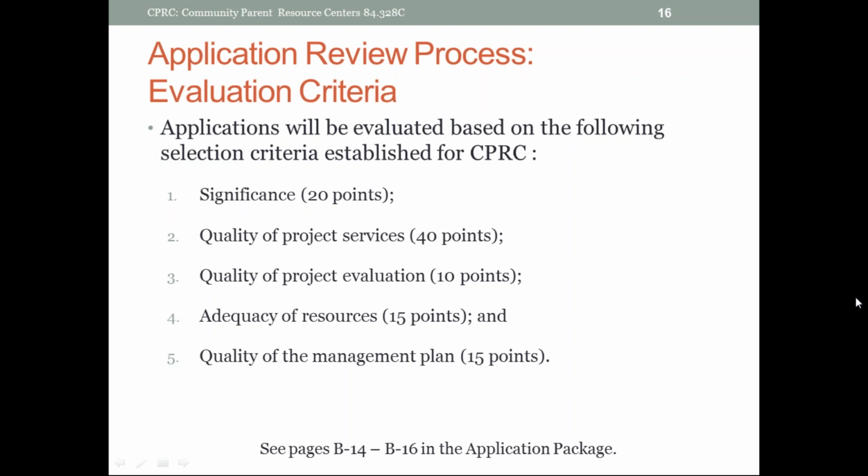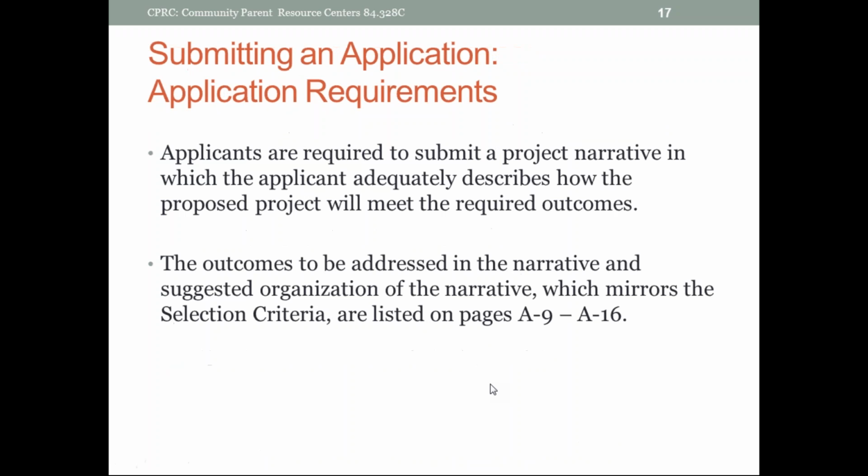The project evaluation is the lowest amount, that's 10 points, and then adequacy of resources and quality of the management plan each carry 15 points. And again, this is all laid out very much in the application package. Let me go into some of these sub-criteria so you have a sense of what you have to do, how you will be judged.